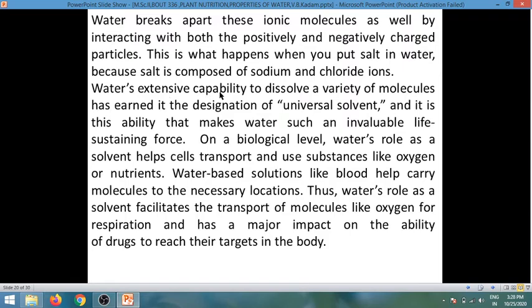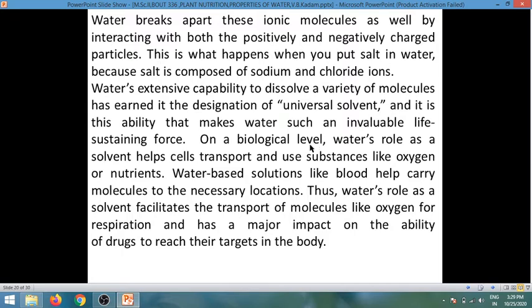Water's extensive capability to dissolve a variety of molecules has earned it the designation of universal solvent, and it is this ability that makes water such an invaluable life-sustaining force.